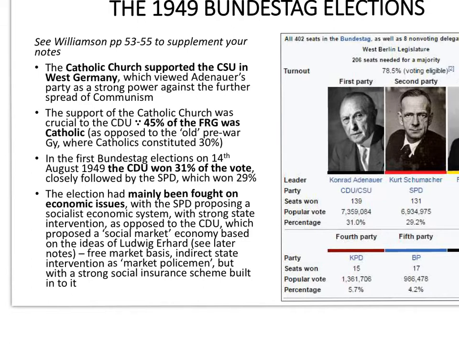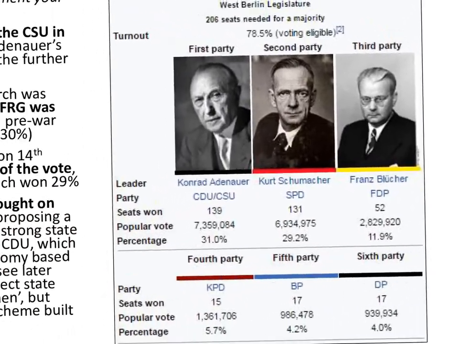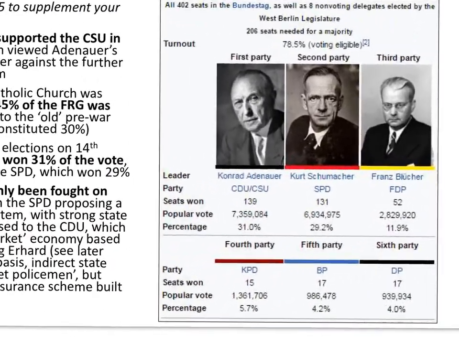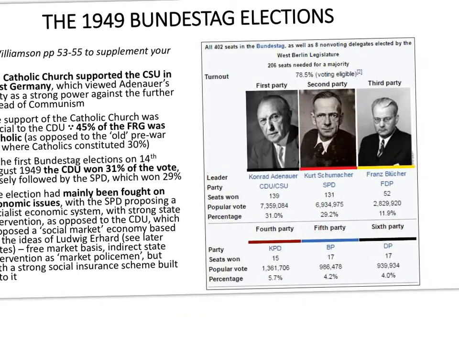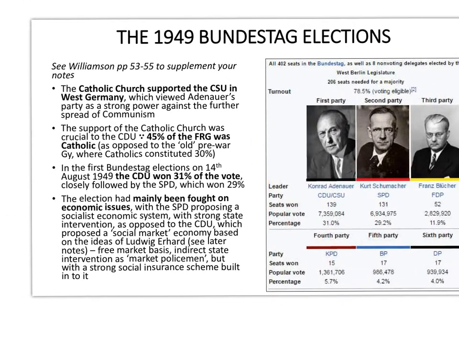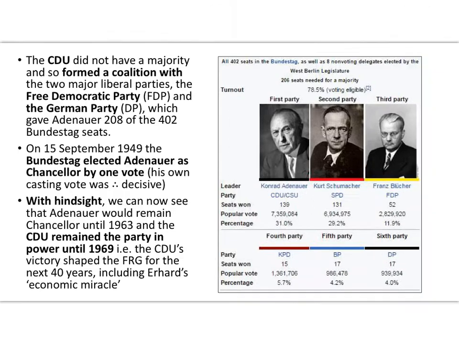Neither had a majority, but the CDU was able to form a coalition with the FDP, the Free Democratic Party. Throughout the 1950s, we'll do more on the elections, but the CDU and FDP coalition against the SPD was a fairly regular coalition operating in politics at this time.